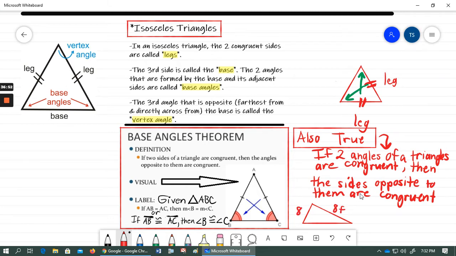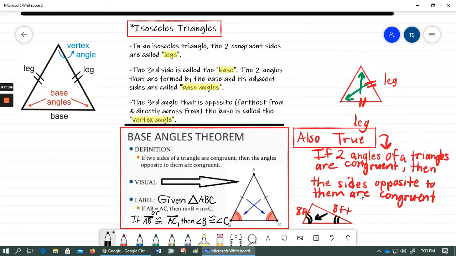If you know that these two sides are congruent, 8 feet and 8 feet, it's an isosceles triangle. So the two base angles, the angles opposite from those two sides, are congruent. Right? That's what that means.